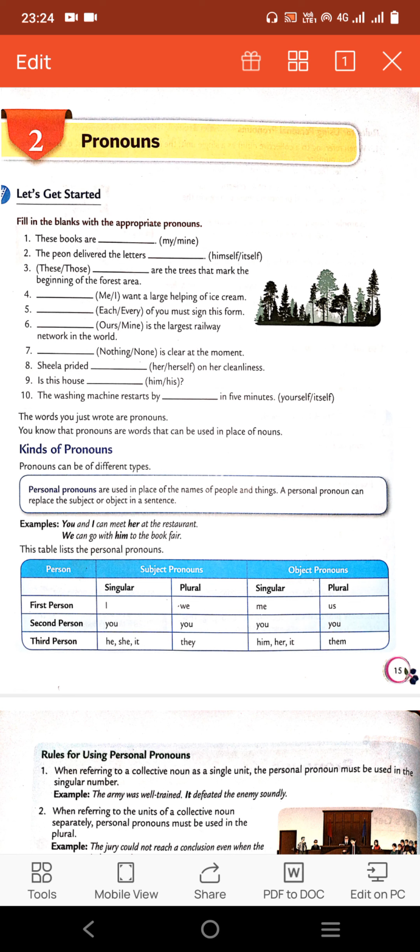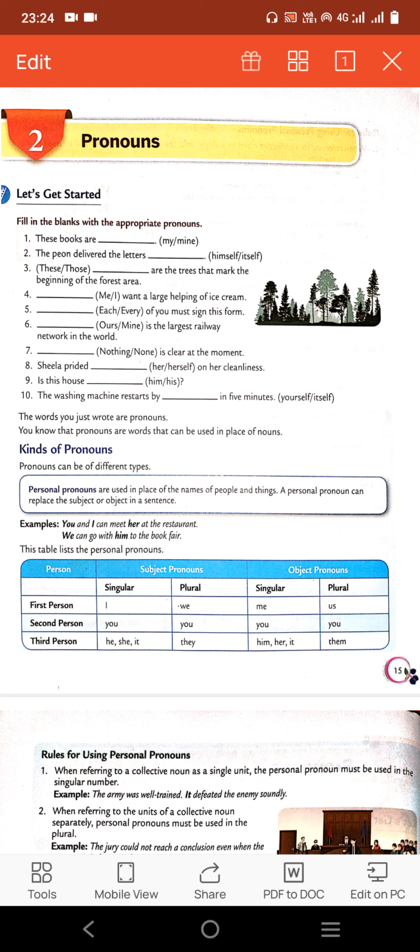These books are mine. The peon delivered the letters himself. These are the trees that mark the beginning of the forest area. I want a large helping of ice cream. Each of you must sign this form.